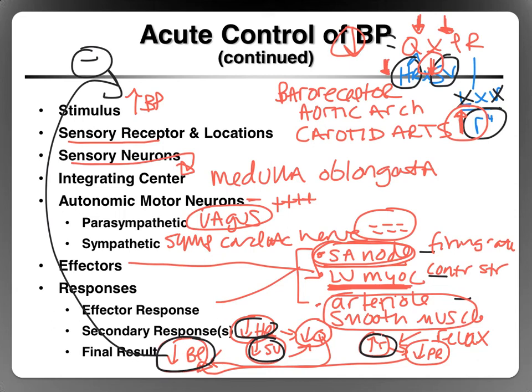Let me give you a little bit of direction, because this concept map is going to be fairly complicated compared to the previous ones. At the top you're going to have your stimulus, and I will give you that. You are going to have your receptors, which are the baroreceptors, and I want you to indicate where they are.